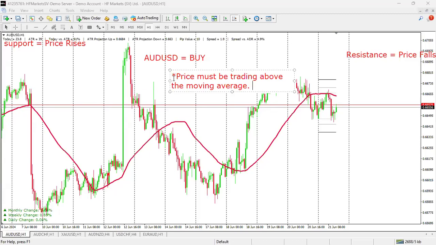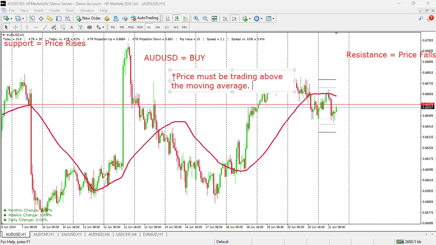Now, when prices are trading above the moving average, you can look for an opportunity to enter into a buy in the market. But if you're not able to find your own entry after confirming the prices are trading above the moving average, there's another way you can do it.